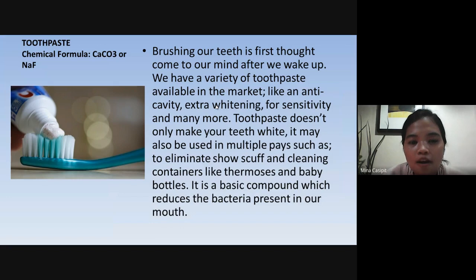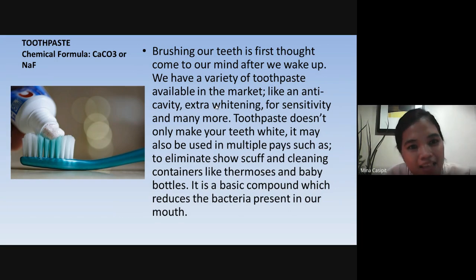So we have here some compounds that are considered as ionic or covalent compounds based on the elements in them. We have toothpaste, first item.